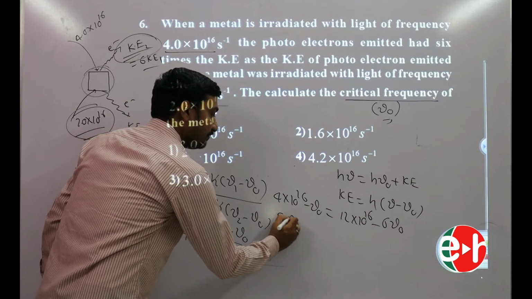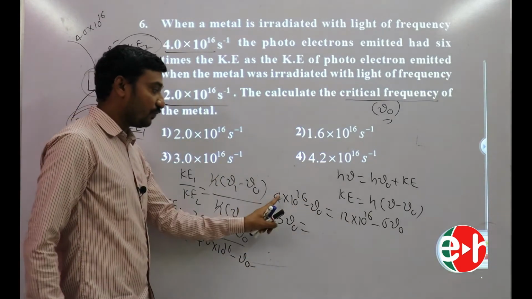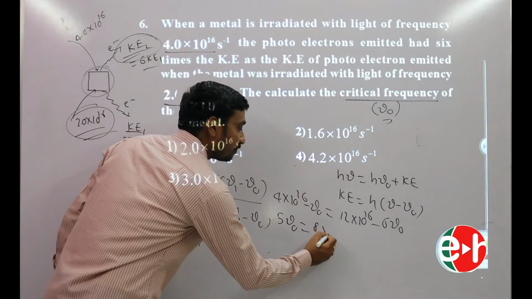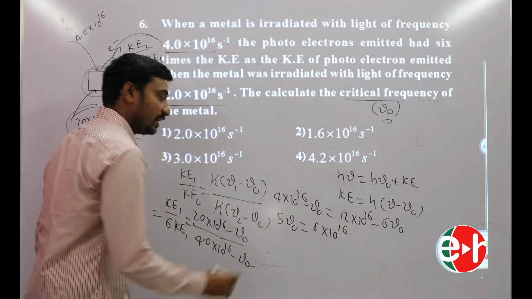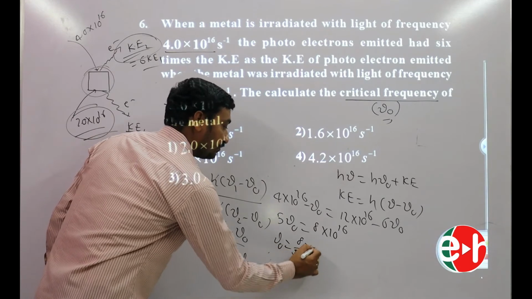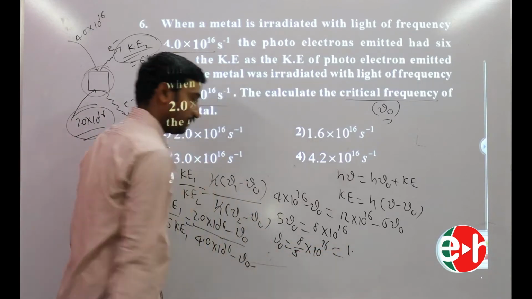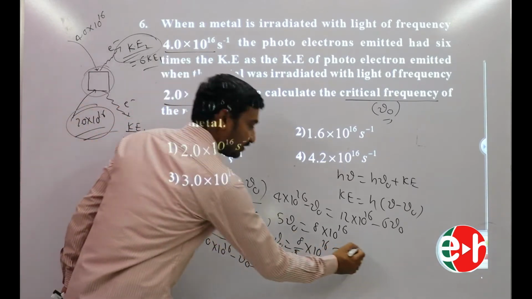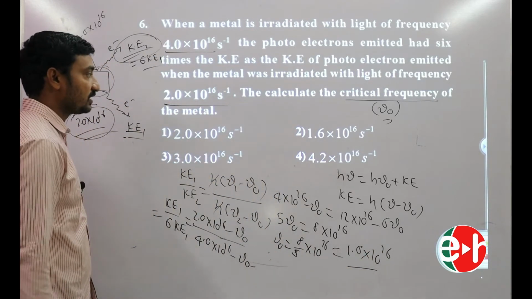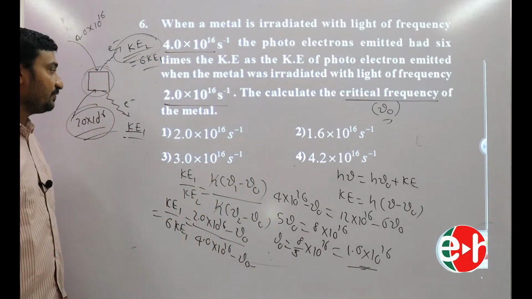Now 5 nu naught is equal to 12 × 10^16 minus 4 × 10^16, 12 minus 4 is 8, so 8 × 10^16. Then nu naught is equal to 8 by 5 × 10^16, frequency in second inverse.